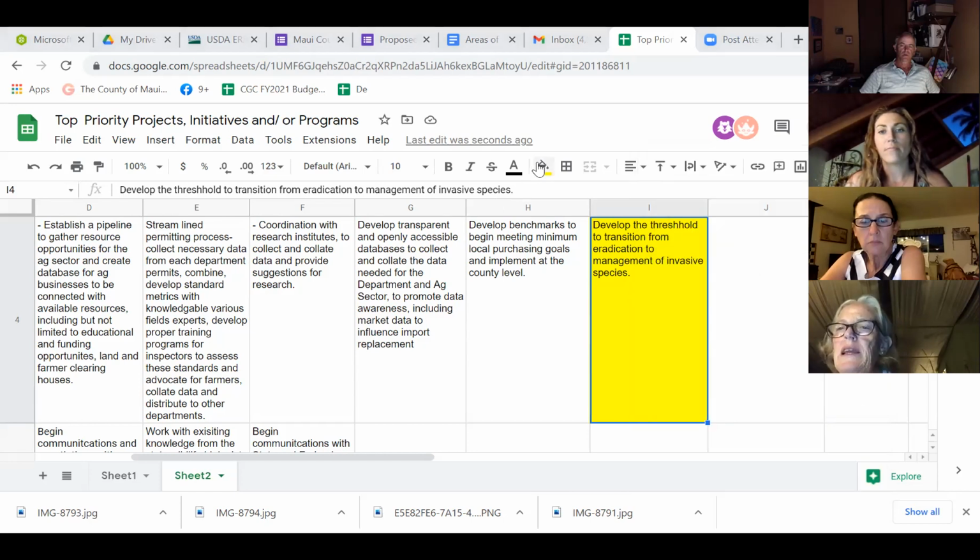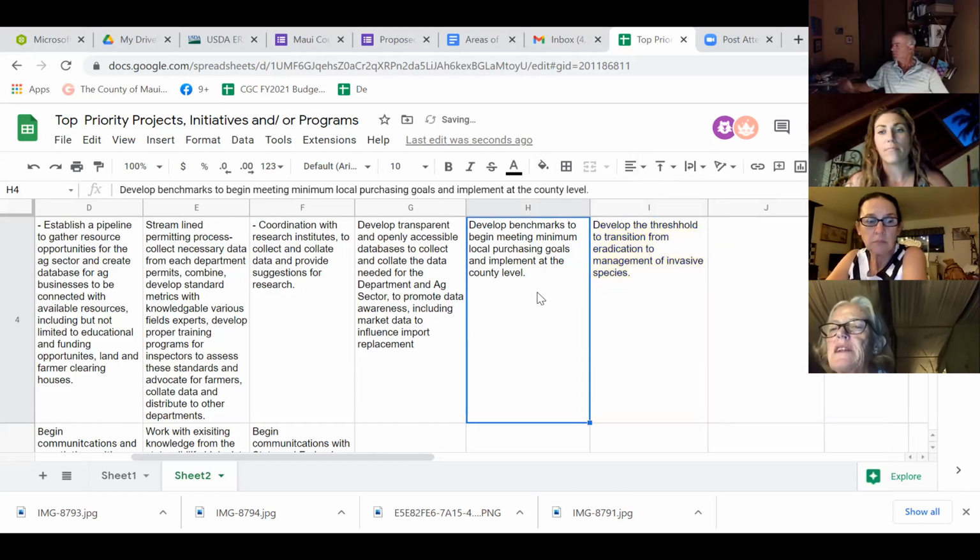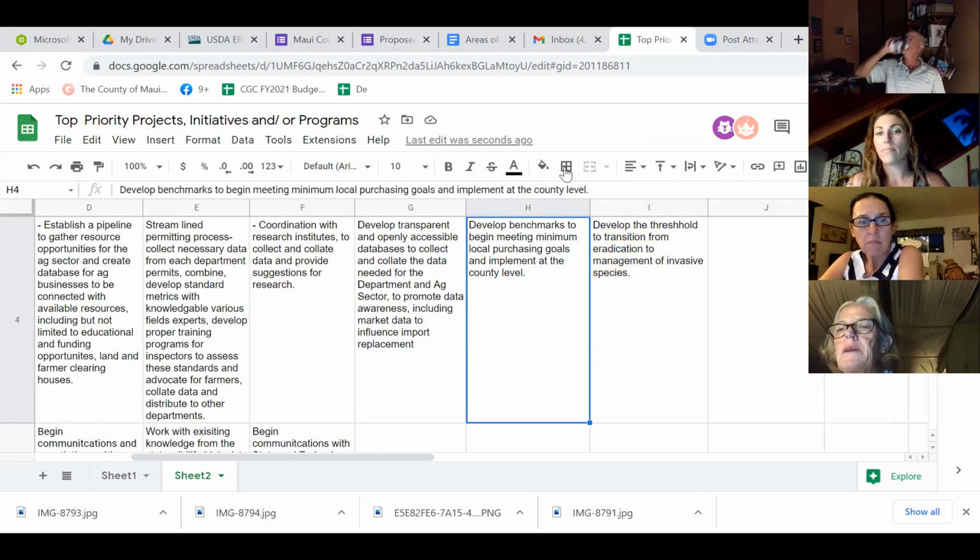I think if we can find ways to do this that are the least toxic, because you know, we don't want the paraquat being sprayed all over the place to get rid of invasive species. I mean, there may be other ways to do it that are less toxic. So like the least toxic eradication and management of invasive species.